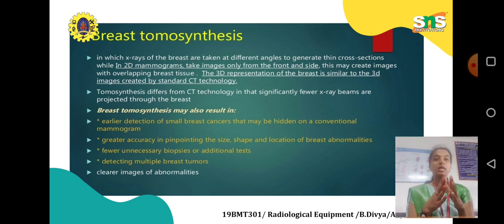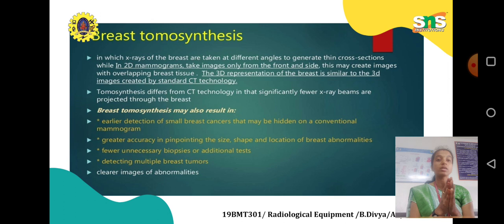Two-dimensional mammograms take images only from the front and the side. This may create images with overlapping breast tissues, since we measure only in front position and side position.